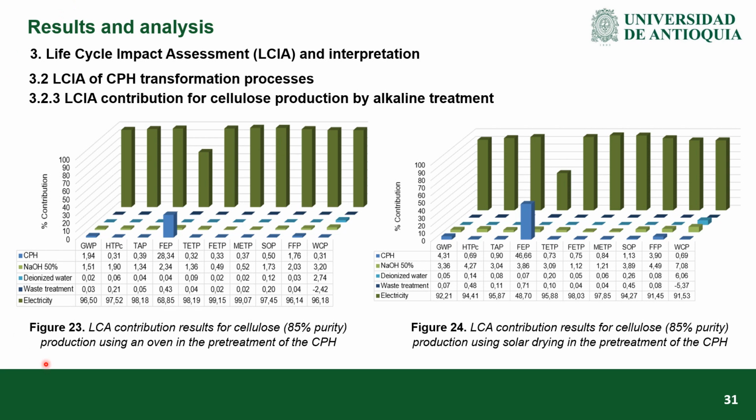The LCA contribution results to produce unbleached cellulose by alkaline and autohydrolysis methodology show a similar trend to that observed in the preceding section for potassium hydroxide production. The total electricity consumption required for the transformation process is the most significant contribution factor in all categories evaluated.